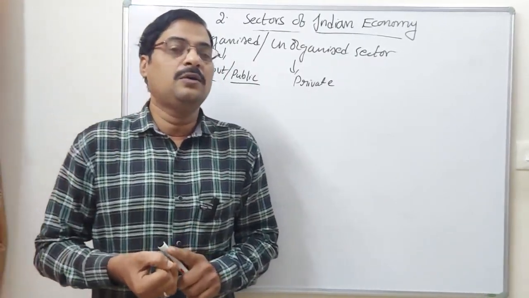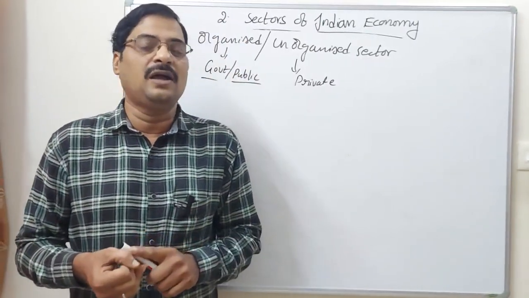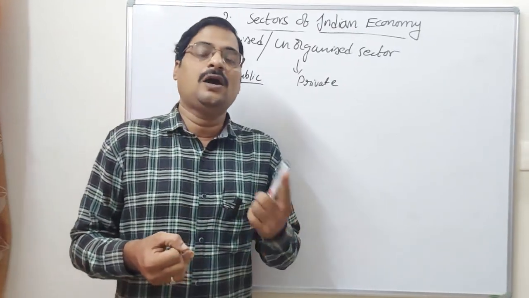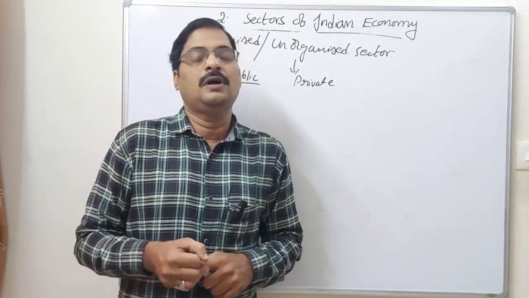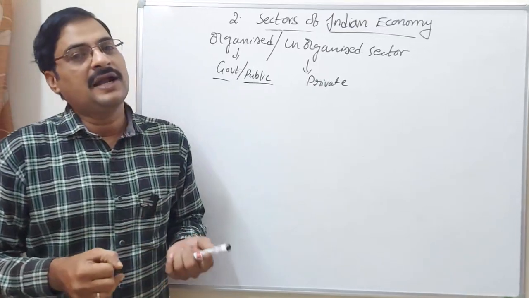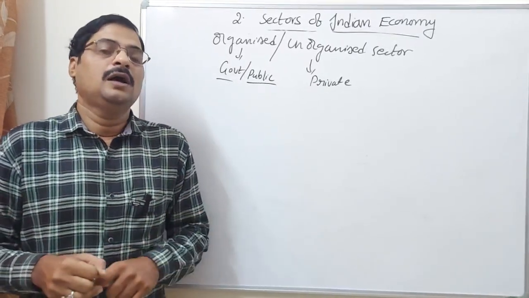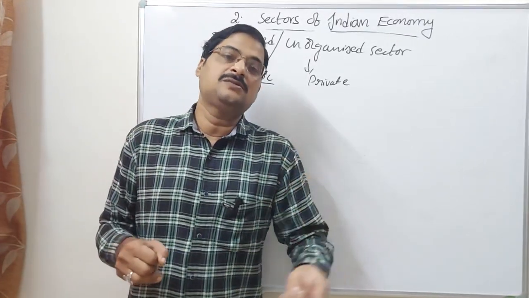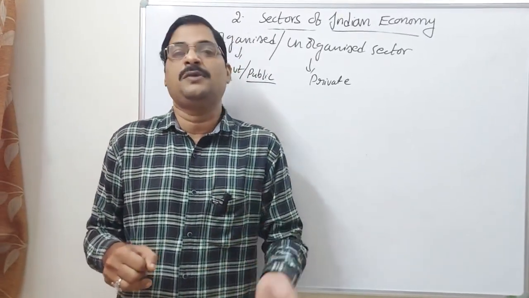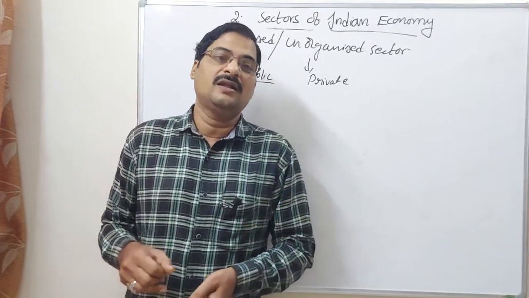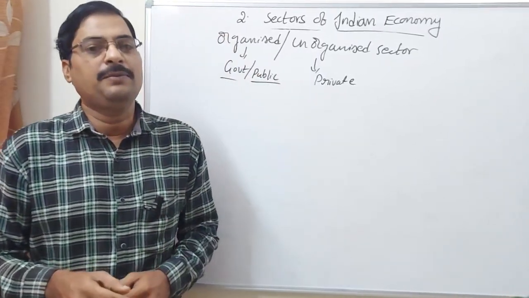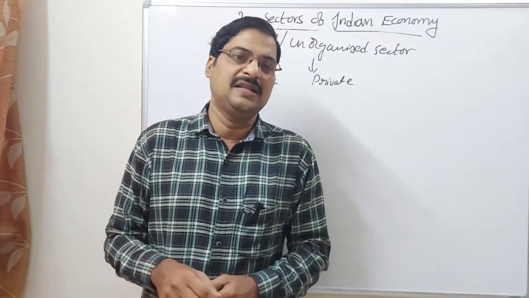Especially women take leave of 3 or 4 months at the time of pregnancy. Such a facility is also given, 6 months of leave before and 6 months after delivery, 1 year in total. The government gives leave to the pregnant lady.